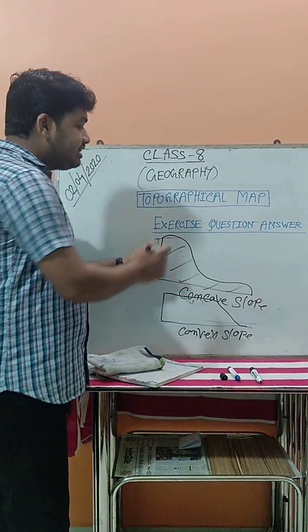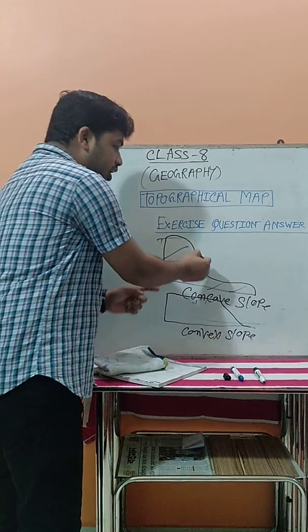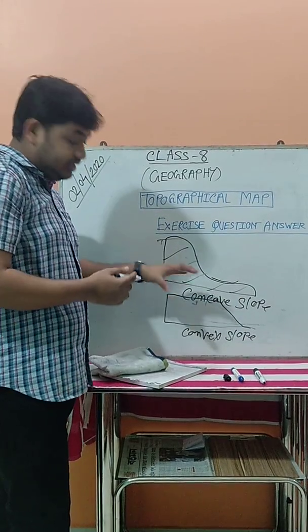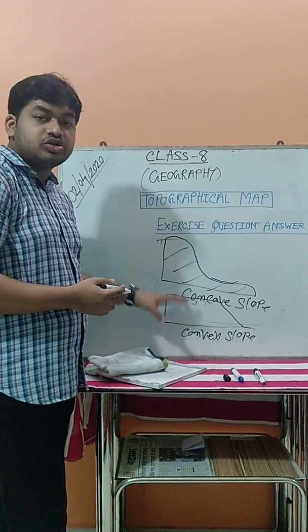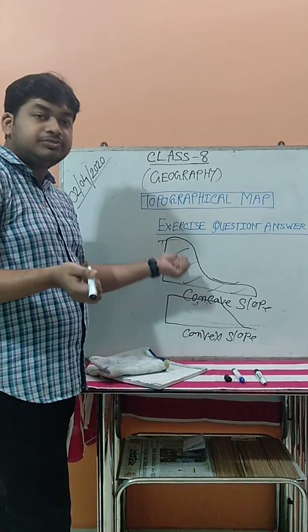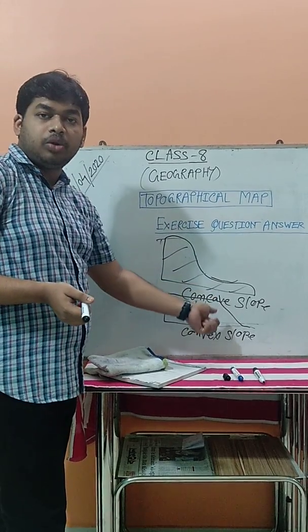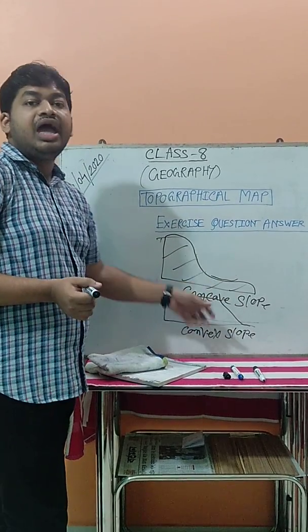In the concave slope, the sloping portion is located in the upper area, and in the convex slope, the sloping portion is in the downward area.